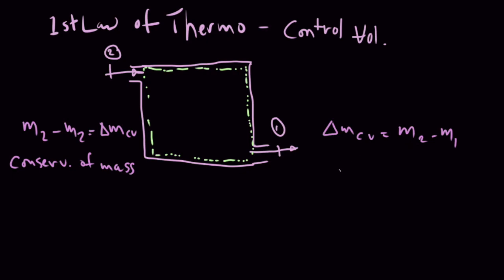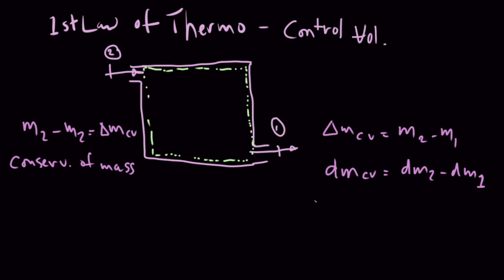We can say the differential amount of mass in the control volume is equal to the differential of mass that enters at 2 minus the differential of mass that enters at 1. That should be a 1 right there. We're not in rate form yet, we're talking about differentials. So the differential of mass that accumulates in the control volume is equal to the mass that comes in minus the mass that comes out.